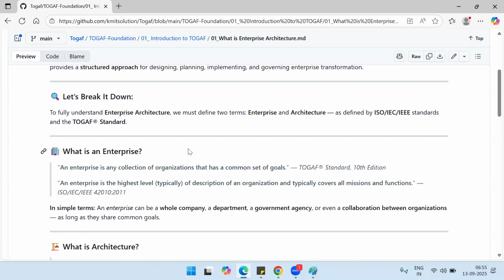If you are working as a solution architect, your scope is narrow as compared to the enterprise architect. You are focusing on a specific project, specific system, specific product solution. For example, I'm an AWS developer or AWS solution architect.